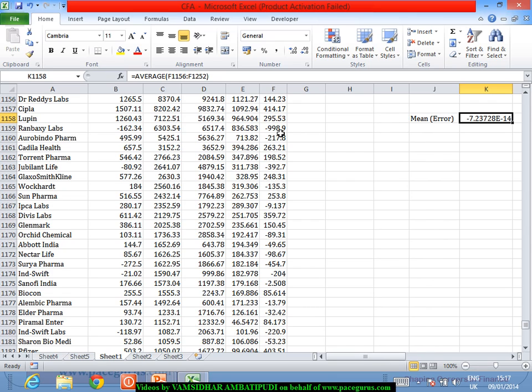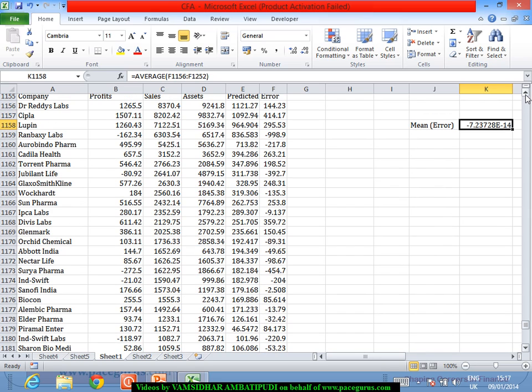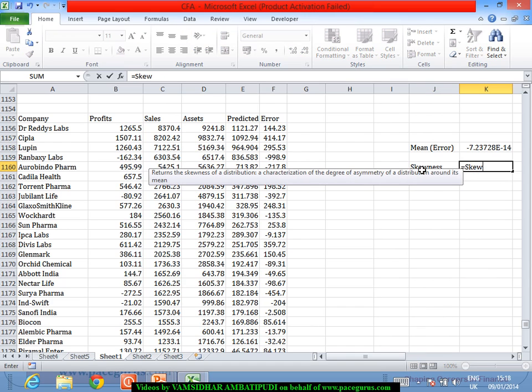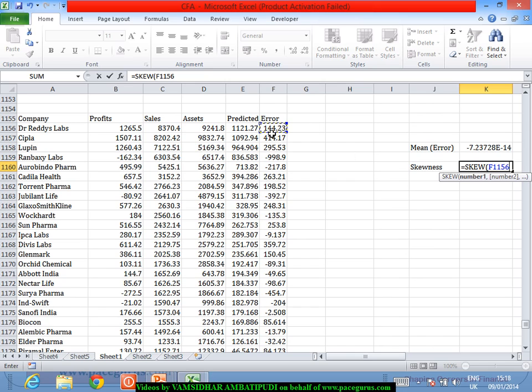So for each of the companies, the error term is coming in a randomized fashion, and the error term should be normally distributed. One more important factor for us: the error term should be normally distributed. So if I look at the skewness of the error term, if it is normally distributed, the skewness of the error term is actually not 0. Look at it.